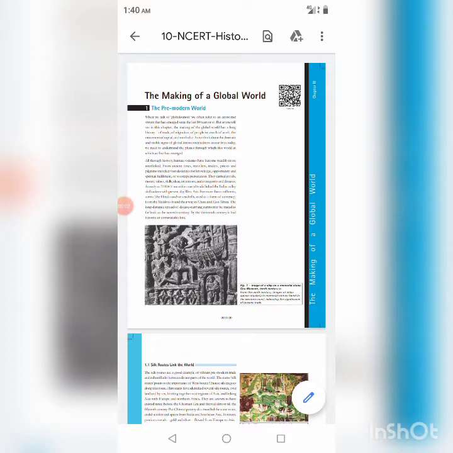Today we will discuss class 10th History's third chapter, The Making of a Global World. Globalization means integration of markets in the global economy, leading to the increased interconnectedness of a national economy.